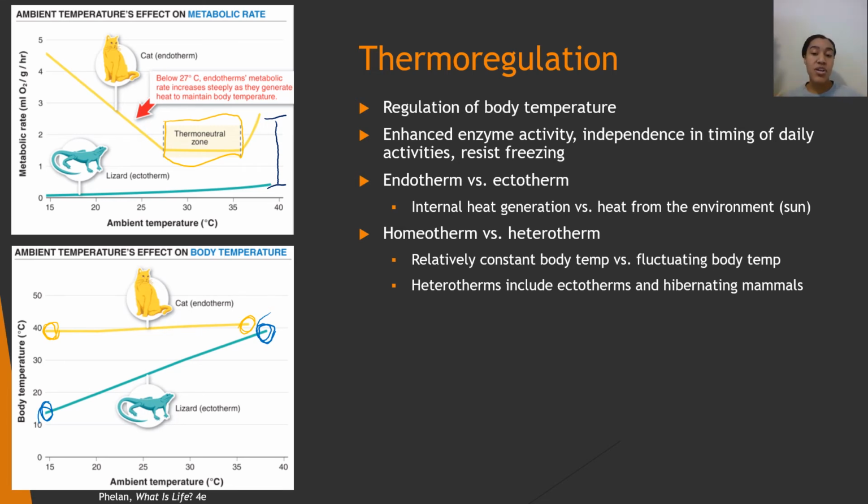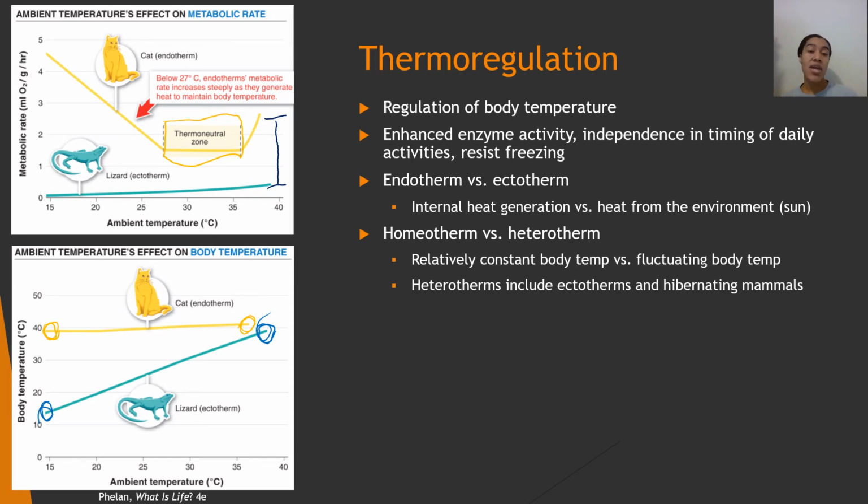The fluctuating body temperature of ectotherms is an example of heterotherms, but so are hibernating mammals. When a mammal hibernates, they reduce their body temperature all the way down to usually around ambient temperatures. Hibernation obviously happens in the winter, so their body temperature decreases drastically at some point throughout the year.